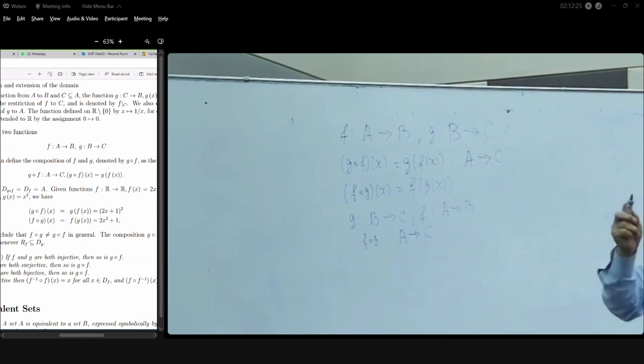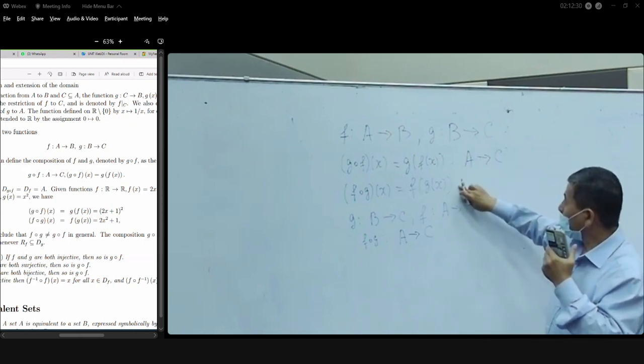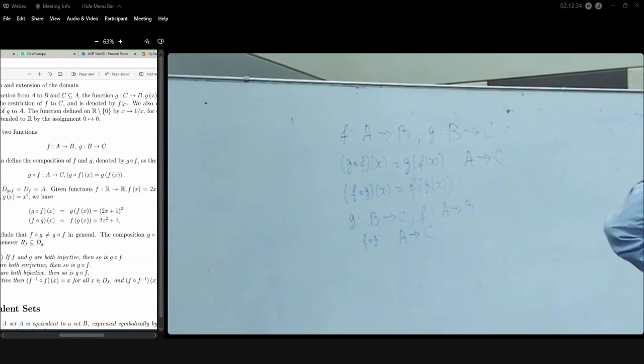Actually they are not equal, but still the mapping is from A to C. Okay, we can define the composition as this function.